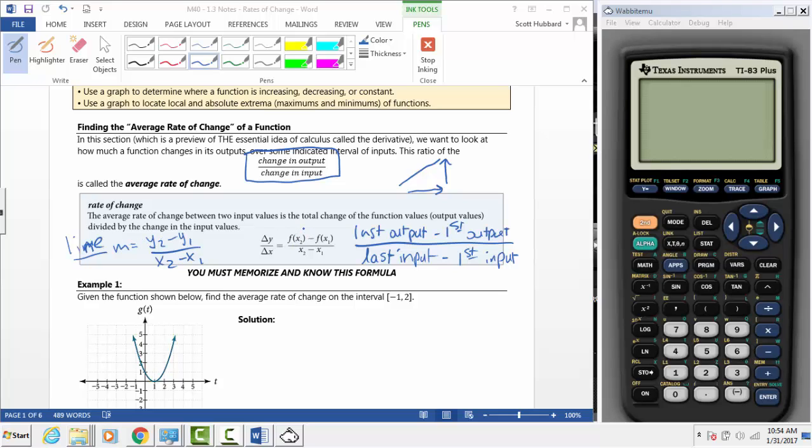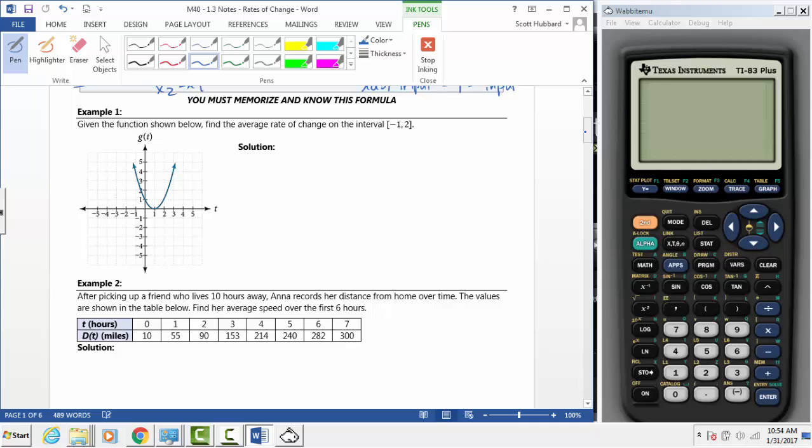For us, the average rate of change could be different on a function that's not a line, but it's the same formula. y2 is f of x2, y1 is f of x1, and x2 and x1 are the same in the formula. In general, it's just change in y divided by change in x.